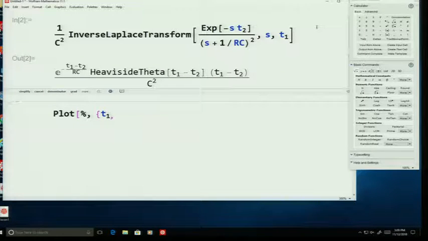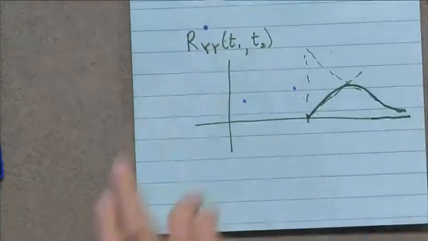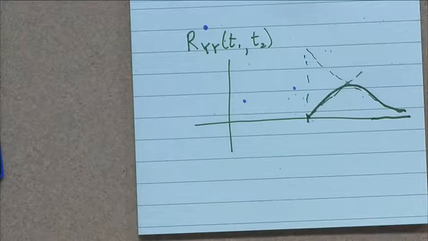Almost the same thing, except you've got a T1 minus T2 there. R_YY, T1, T2. Okay, you have that, and then you have to multiply that by a line. And so it does this. There's R_YY.